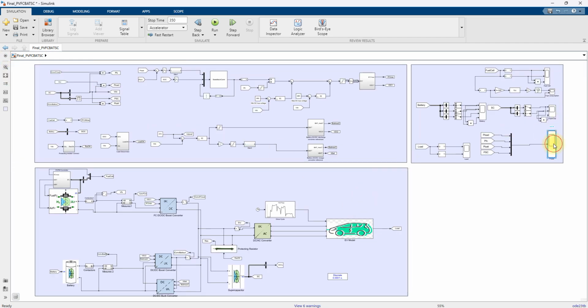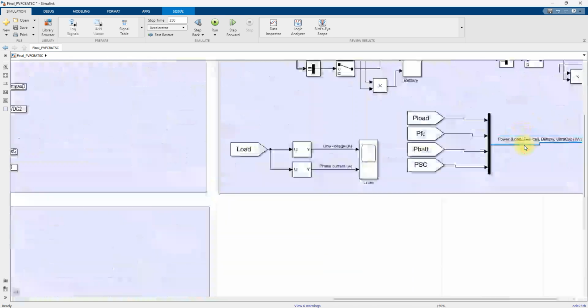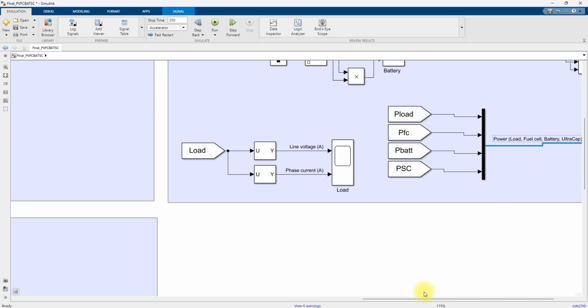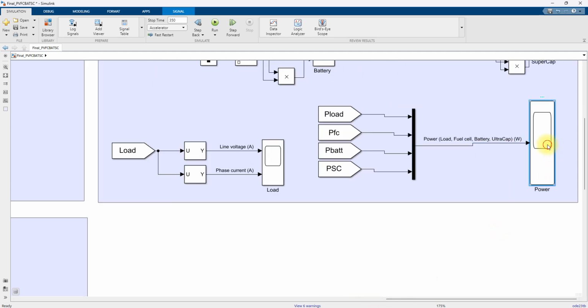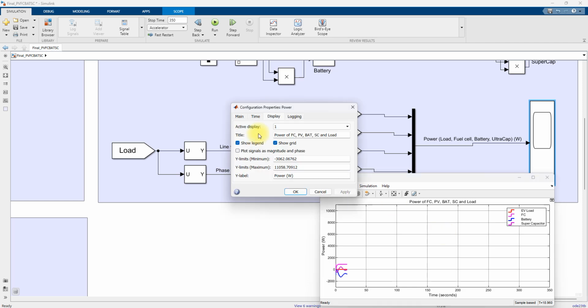Here you can see the power of the fuel cell, battery, supercapacitor and load, with different colors for the different powers.